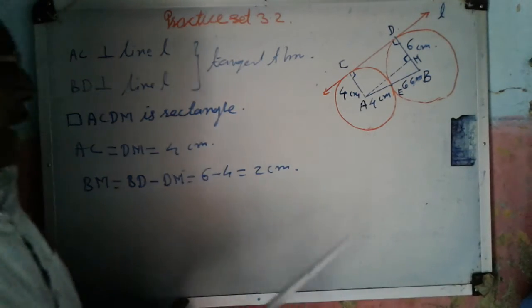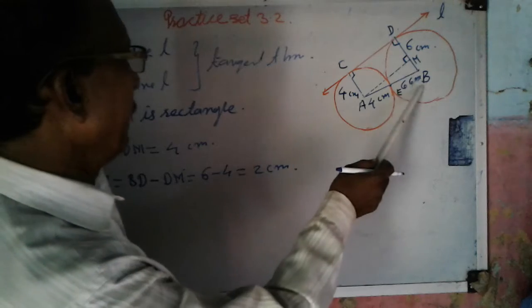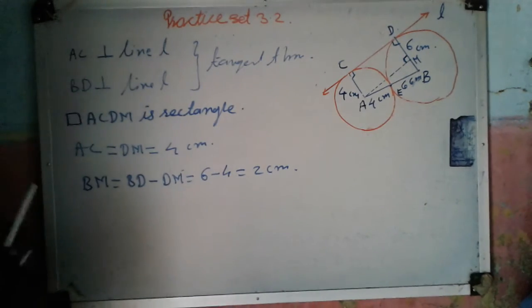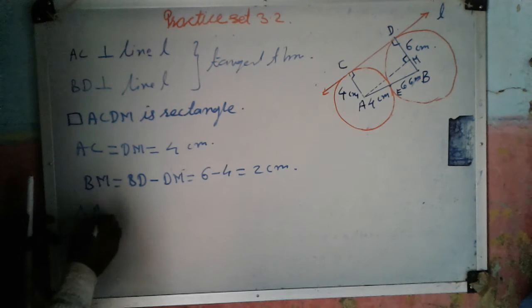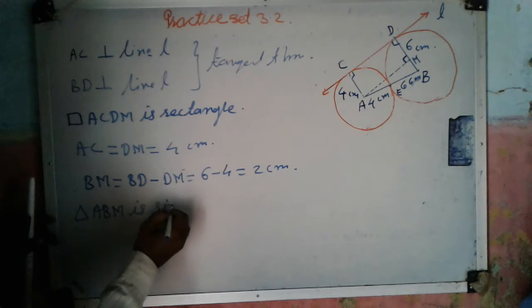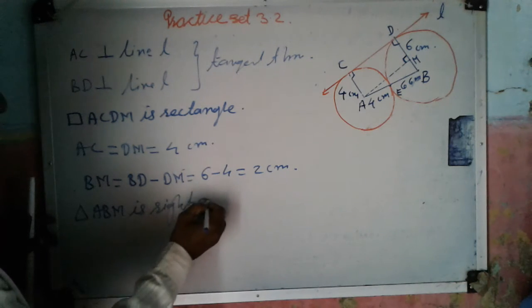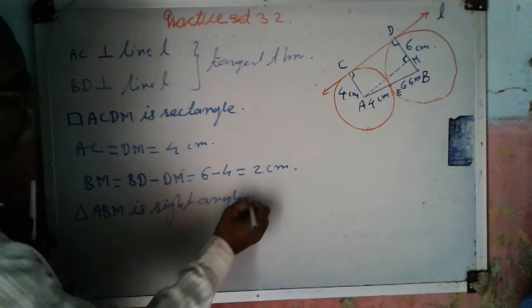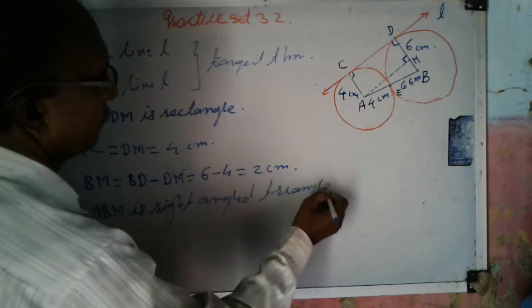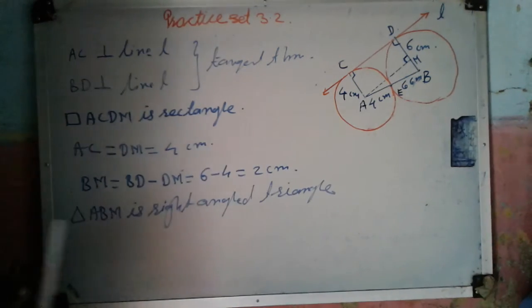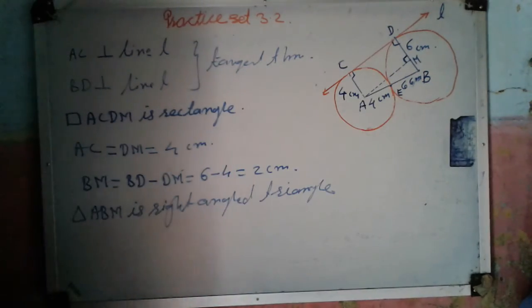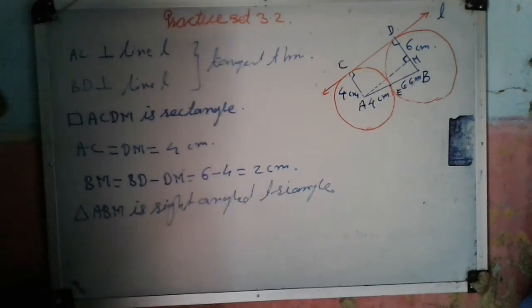Also, now see here, triangle ABM is a right angle triangle, because angle AMB is a right angle and AB is its hypotenuse.